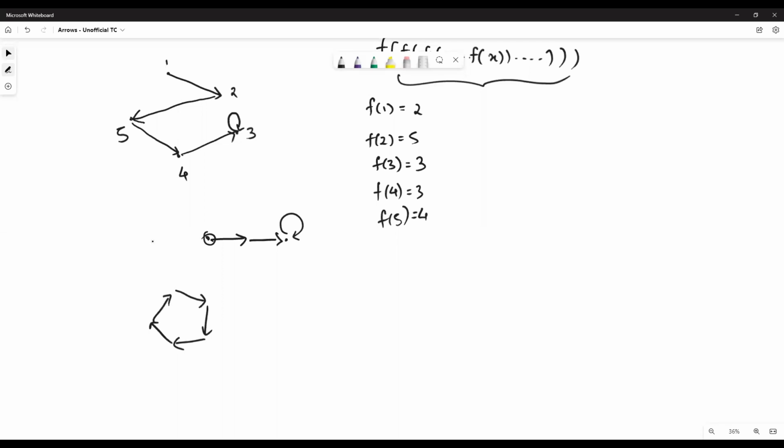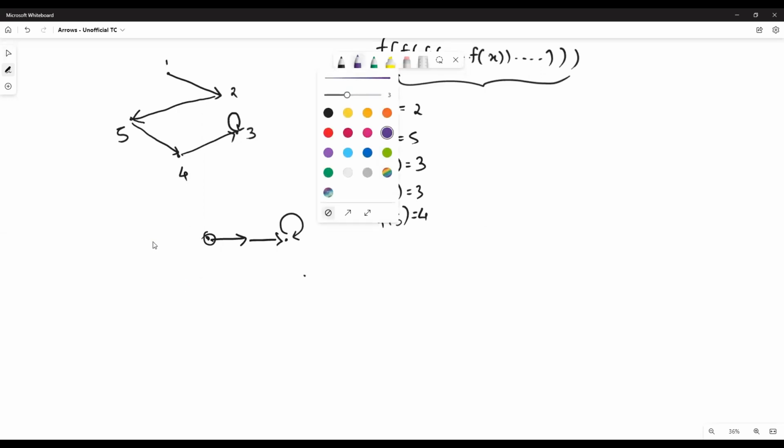Yeah, the reasoning is the same. If there is a cycle, then you go 2 steps. The third step, you get a different thing from the second step. So there can't be any cycles. So there can't be any paths of length greater than or equal to 3, and there can't be any cycles.